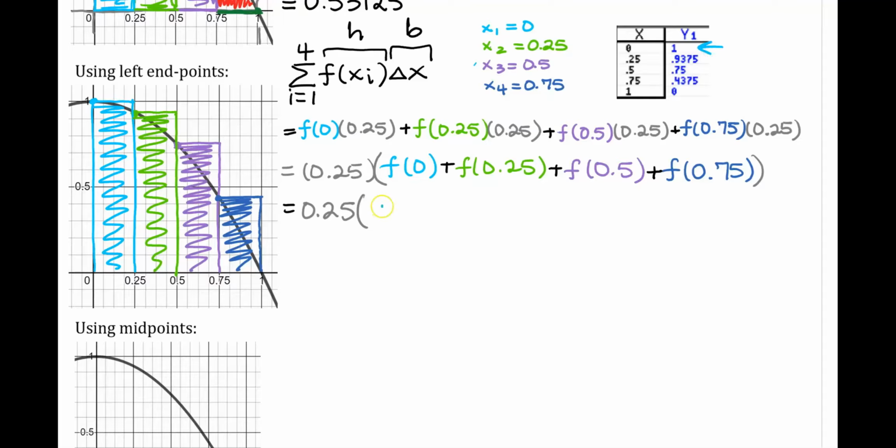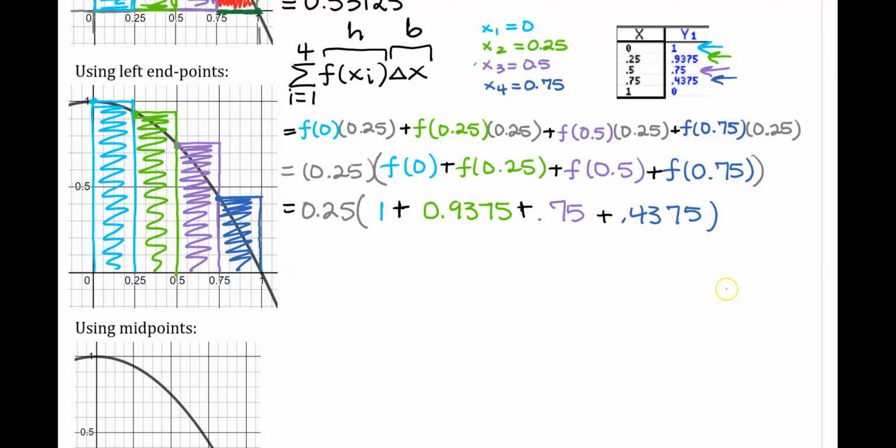F of 0 is 1, and then we will add f of 0.25, which is 0.9375, and then we will add the function evaluated at 0.5, which gives us 0.75, and then the last term we have to add is the function value at 0.75, which is 0.4375.